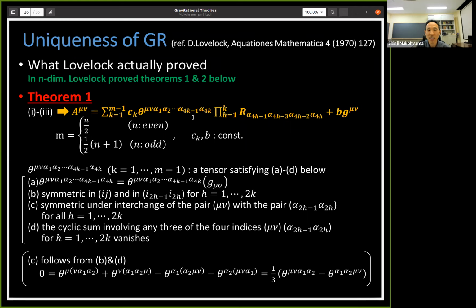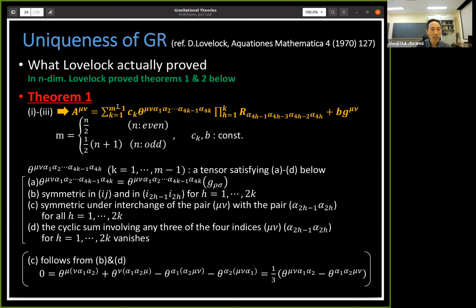Anyway, this is a product of Riemann tensors multiplied by some coefficient. The coefficient is a tensor, and this tensor satisfies these 4 conditions. I'm not going to explain the details, but I just want to say that condition C follows from B and D, so we just need to assume A, B, D. But this is also a nice symmetry, so I listed it, following Lovelock.